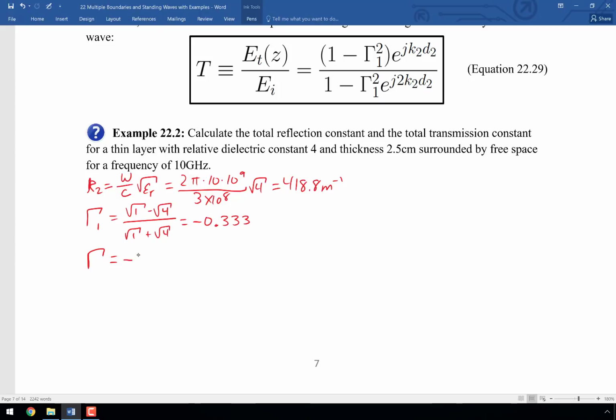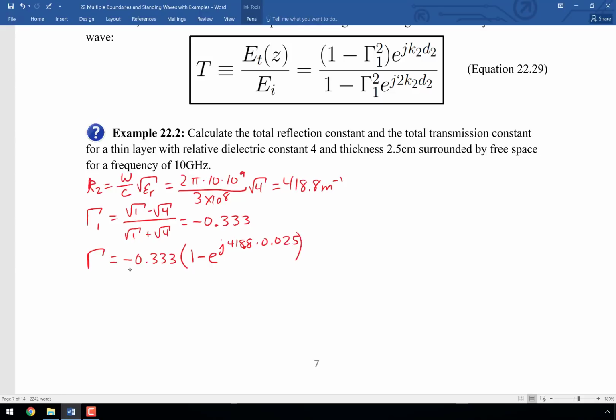Then I can calculate the total reflection coefficient gamma. This is going to be equal to minus 0.333 times 1 minus e to the j 418.8 times 0.025 because it's 2.5 centimeters.